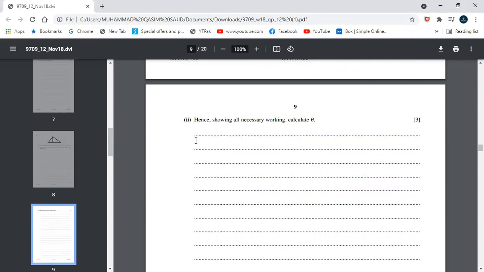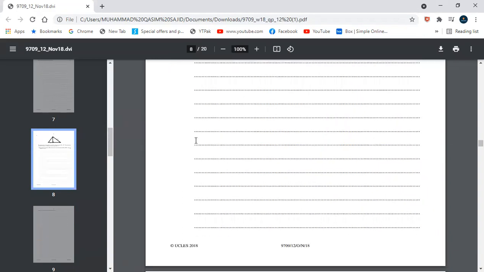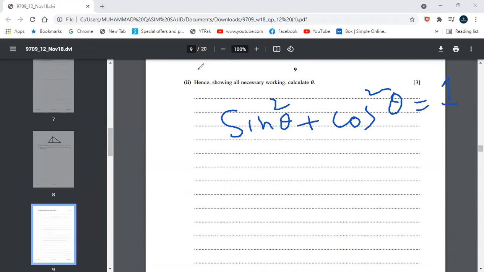We know that sine square theta plus cos square theta equals 1. This is the trigonometric property.